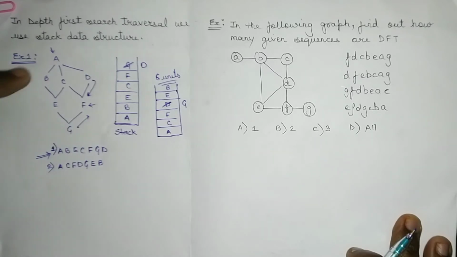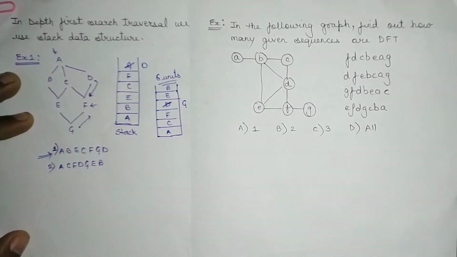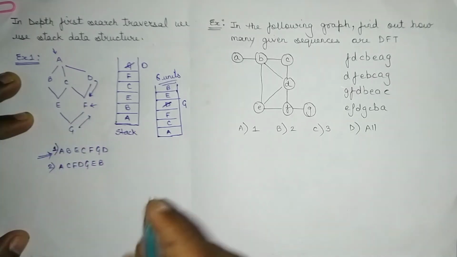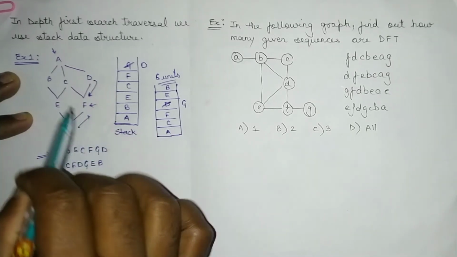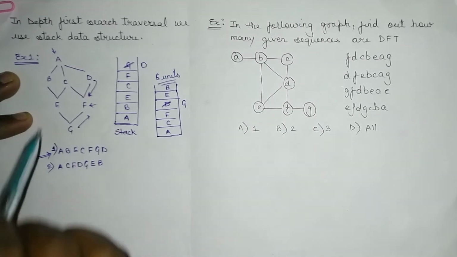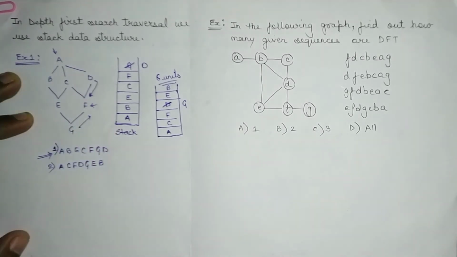It depends on the options that you select for the adjacent vertex. Similarly, you can find out numerous possibilities. Try to find all these possibilities on your own, and find out the maximum number of possibilities that you get when you are starting with A.